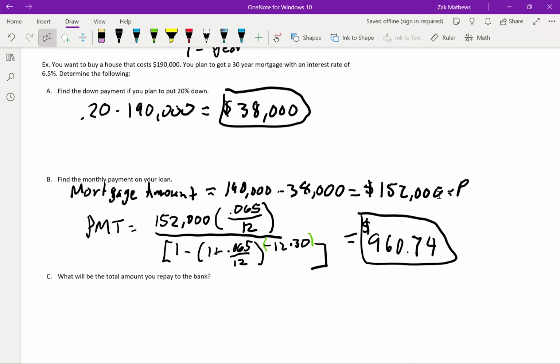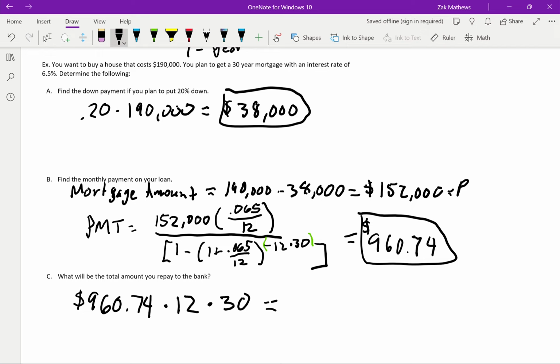So how would we find this amount? Well, we are paying $960.74 every single month. So that means 12 months per year, and we're paying for 30 years. So I'm going to take that monthly payment, multiply it by 12 for the number of months in a year, and multiply it by 30 for the number of years we are making payments.